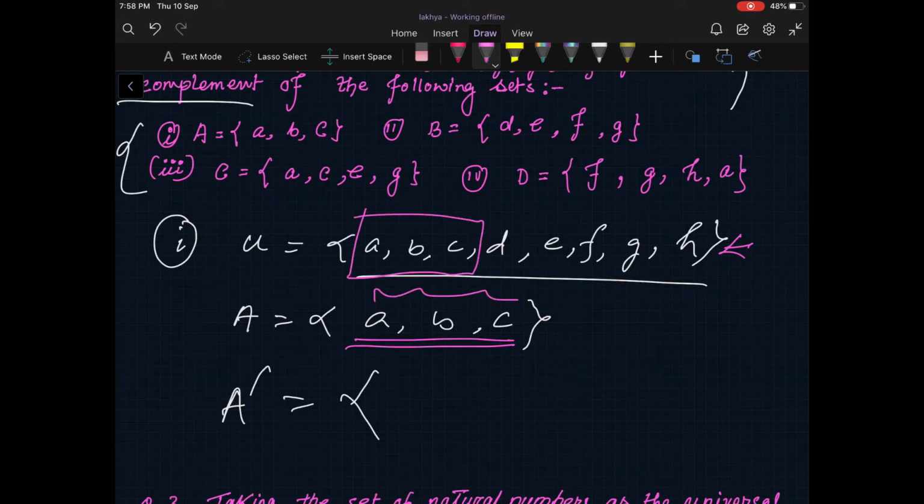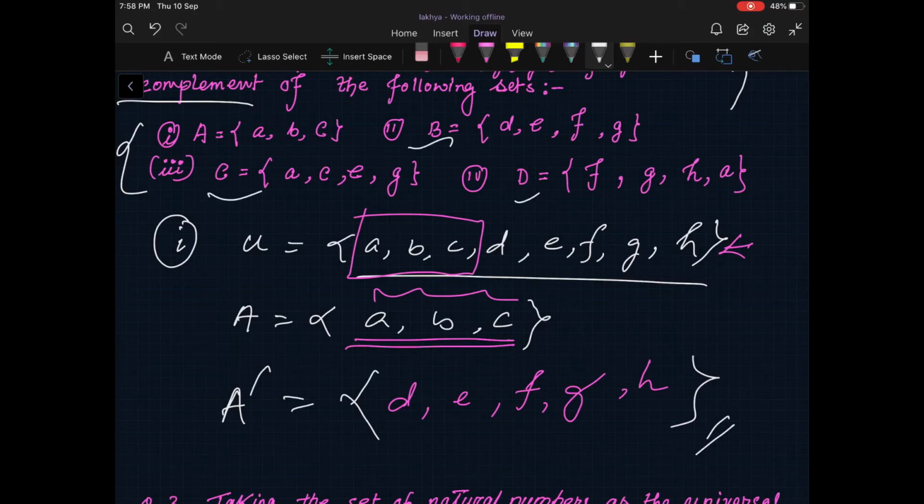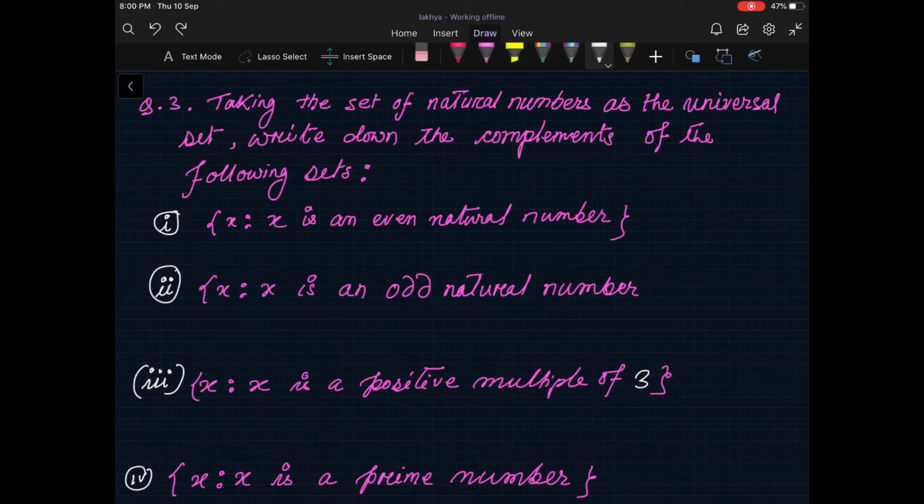Set A contains A, B, C, so eliminate them from the universal set, and doing so we get a set containing D, E, F, G and H. That's how we can find a complement. Similarly, we can find the complements of B, C and D. Hope you have understood it.